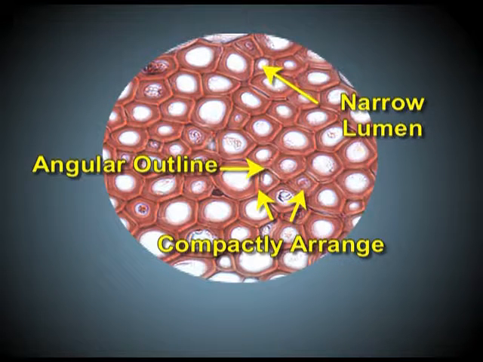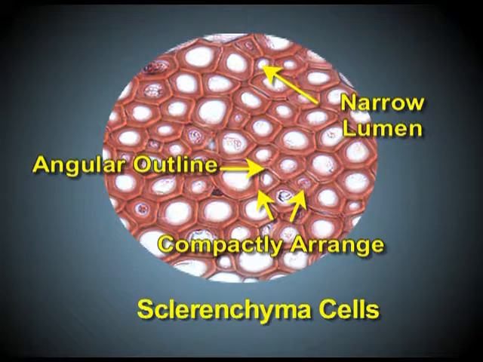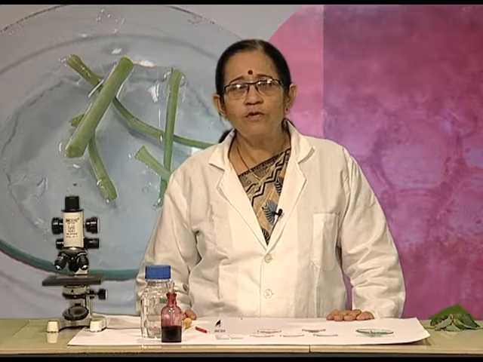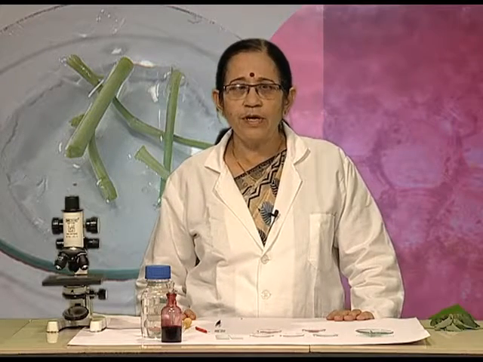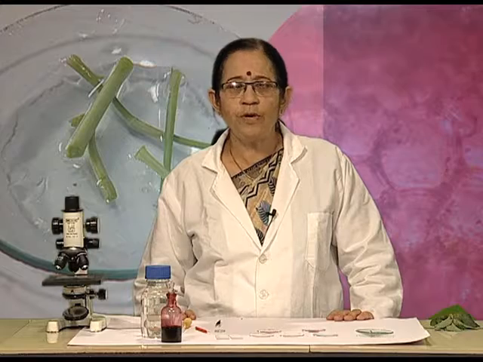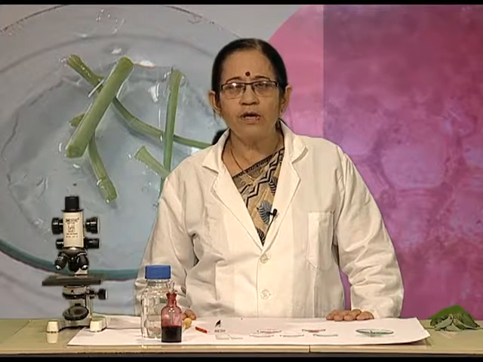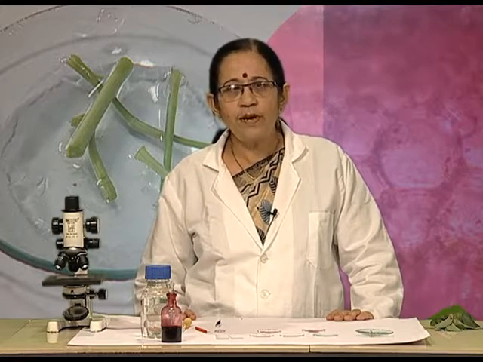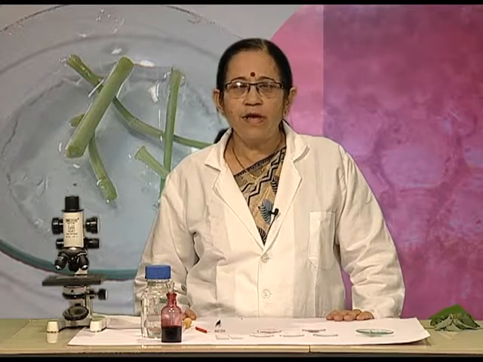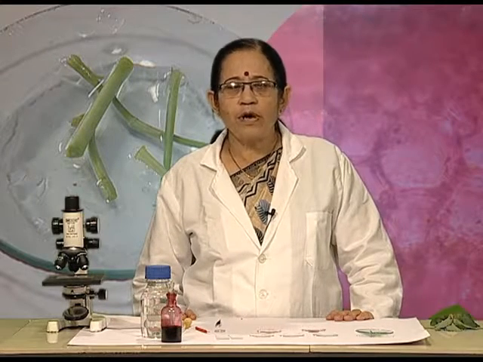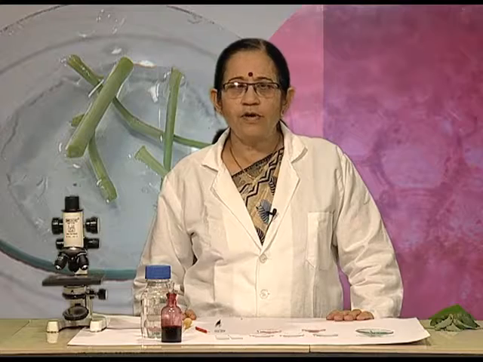Such thick walled cells having these characteristics are called sclerenchyma. So, students, today you have seen two types of tissues, one parenchyma consisting of thin walled cells and the other sclerenchyma consisting of thick walled cells.